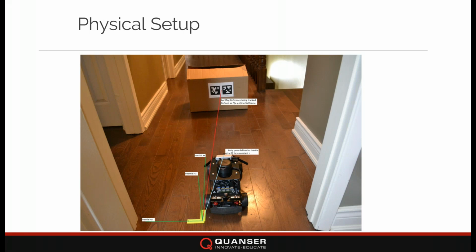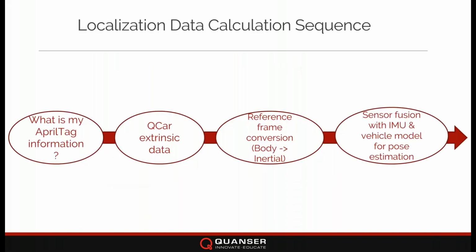The awesome idea here is that using AprilTags, I can go through some interesting math in order to figure out what that blue vector would actually look like. So what does this localization sequence look like? I have to figure out my AprilTag information to begin with: how is my camera located with respect to the AprilTag? Then I do some QCar extrinsics calculation.